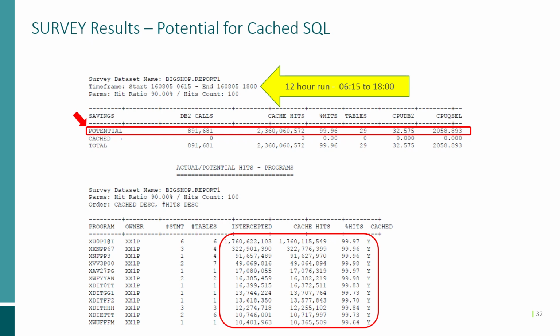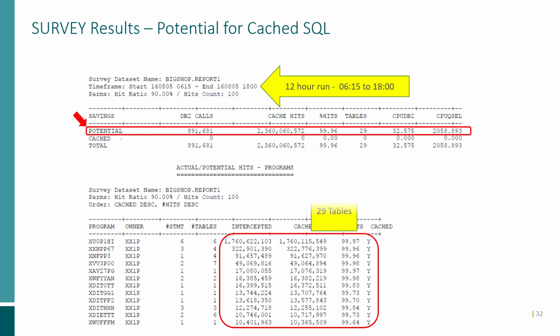At the top, we're looking at a report that was generated during a proof of concept. As you can see, we're only looking at potential savings. This is for a 12-hour run that started at 6:15 in the morning and ran through 6 o'clock in the evening.